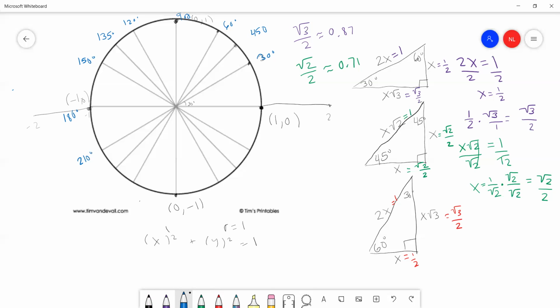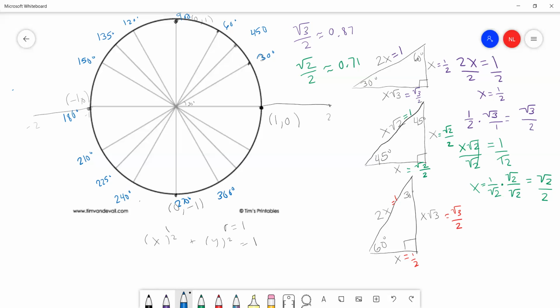Okay, and let's say I was here at 180 and I went 45 degrees. 180 plus 45 is going to be 225. Now let's say I was at 180 and I went 60 degrees, I would be at 240. Now if I was at 180 and I went a complete 90 more degrees, I would be at 270. All right, now I'm at 270 and I'm going to add 30 degrees to that, that's 300.